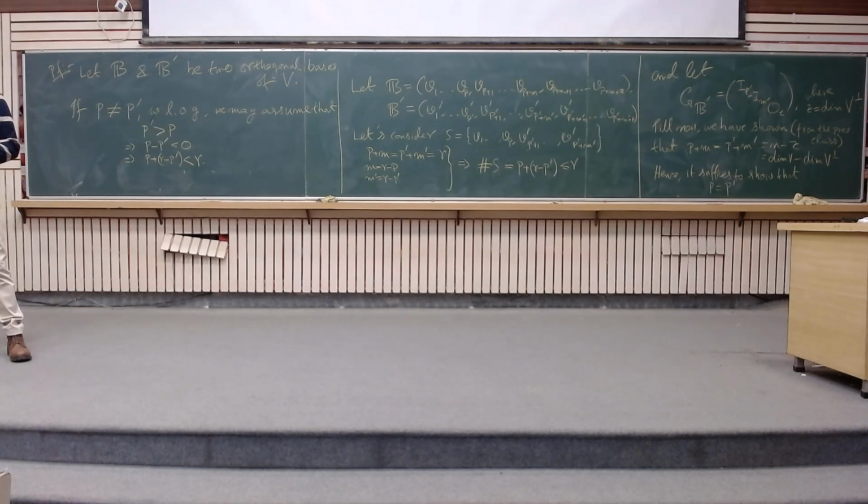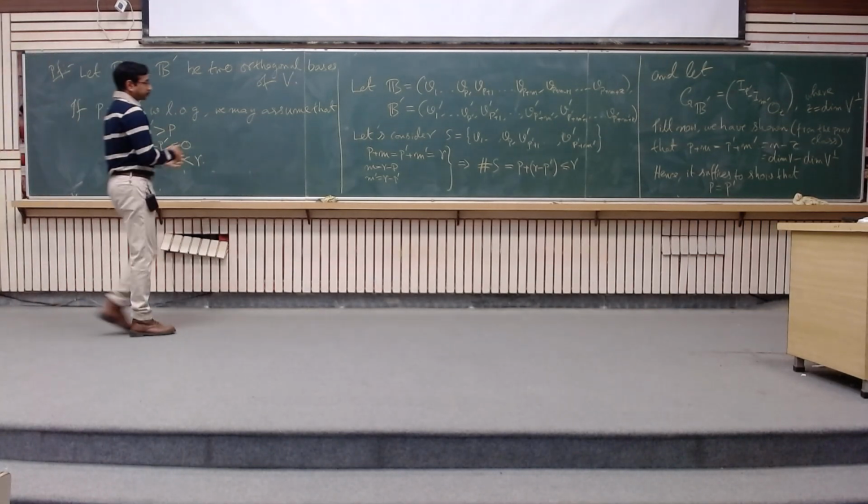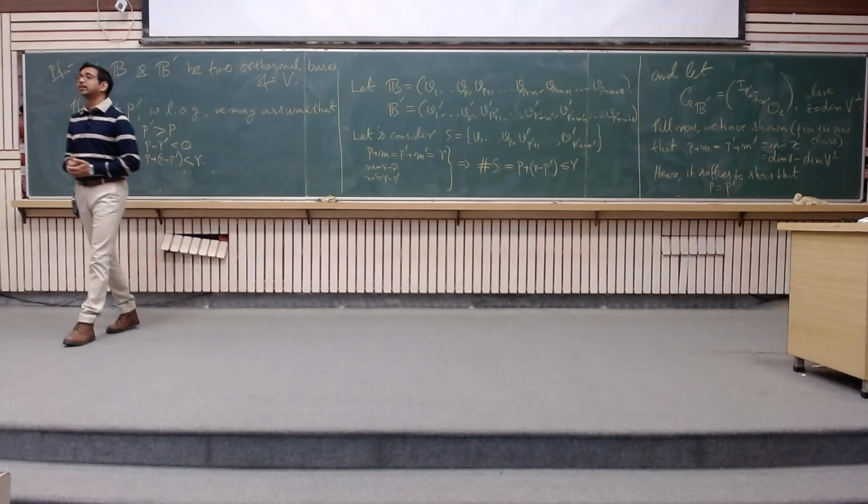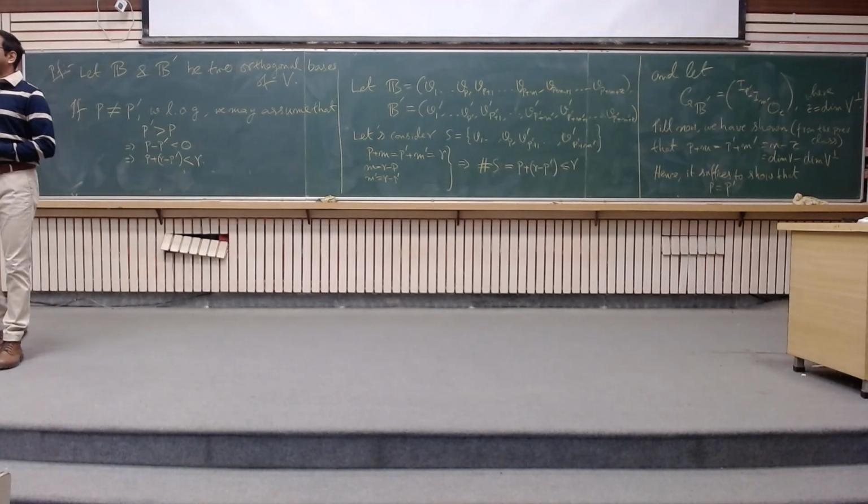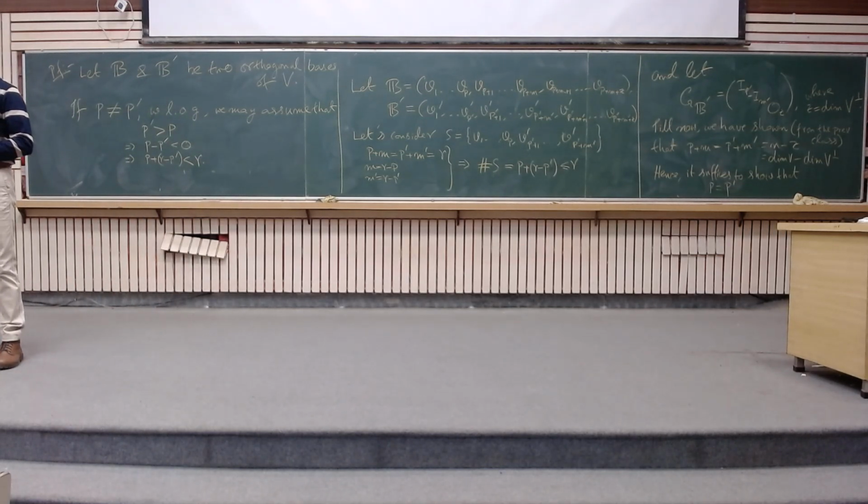V minus V perpendicular, we have not defined that. V minus V perp. So what do you mean by V minus V perp? So V perp is a, when?